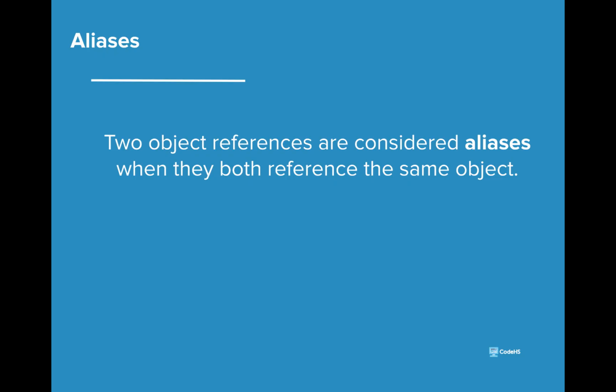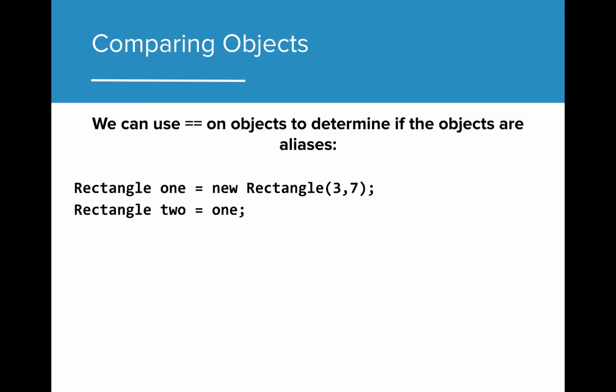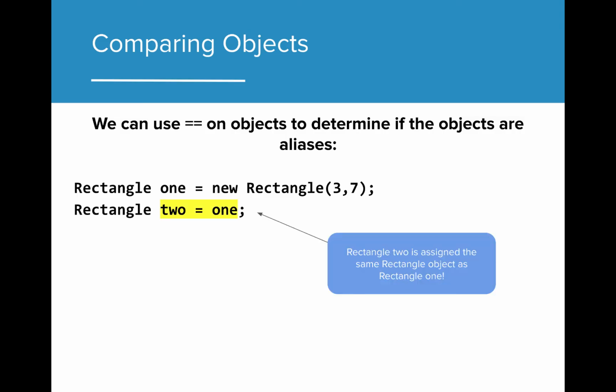Let's take a look at an example. Here we have the initialization of two rectangles, rect1 and rect2. Rectangle 1 is being initialized with a new rectangle object, and rect2 is being initialized with rect1. Rectangle 2 is being assigned the same rectangle object as rectangle 1. This means that it is an alias of rectangle 1.